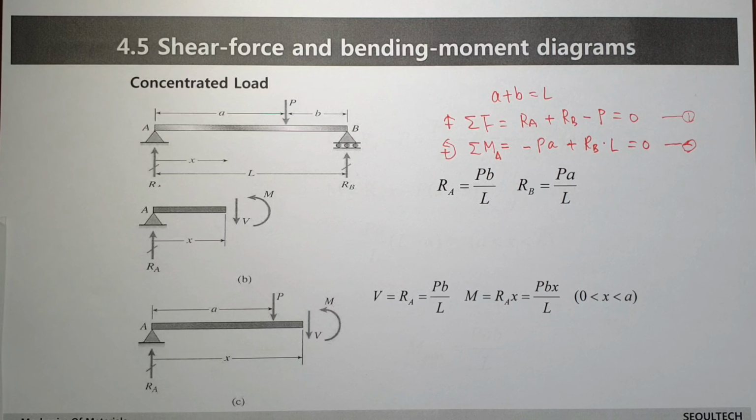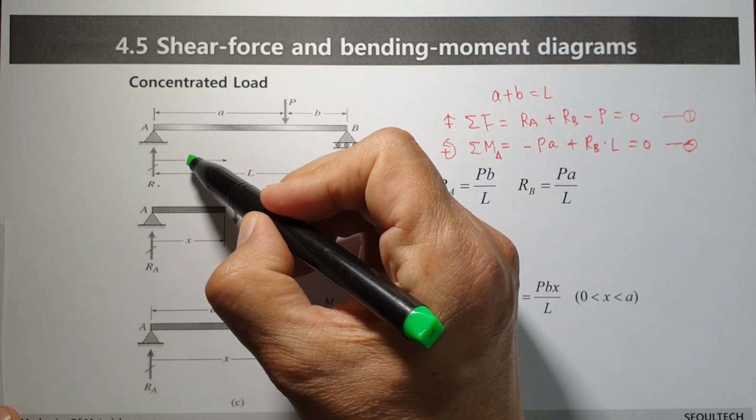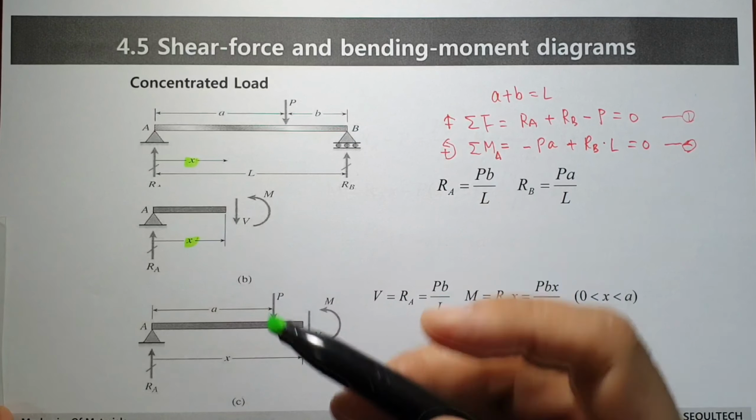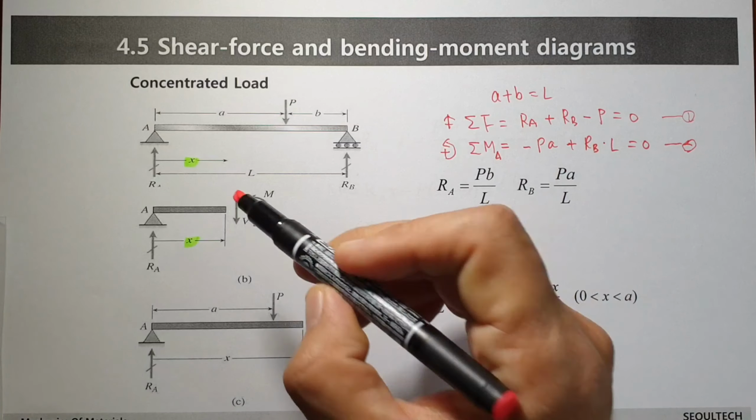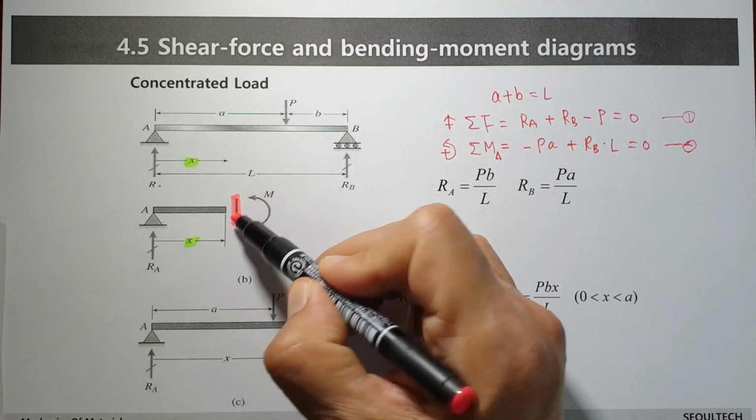Next step, let's think about the position X, this position. When you draw the free body diagram, the downward direction on the right side is positive, and the counterclockwise direction is positive.